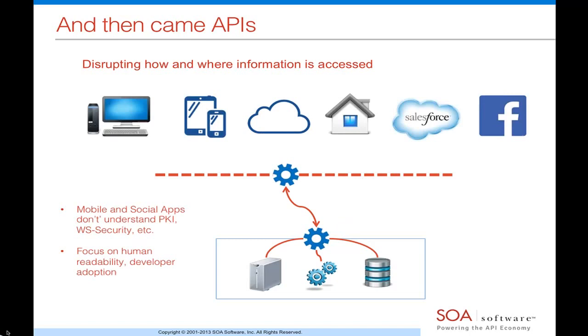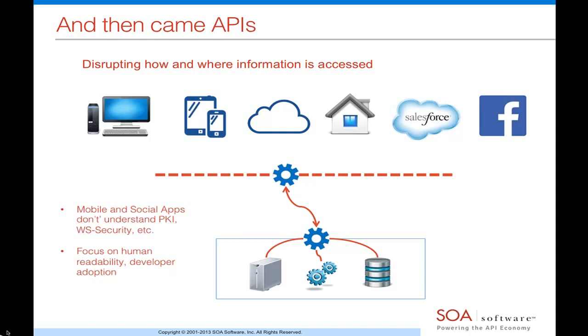But then came the APIs somewhere around mid 2005, and they disrupted how and where the information was being accessed, which is essentially all the different channels that I just talked about. And to make your products and services available across all these channels, it was important that you made adoption really easy, because most companies don't have the resources to surface their applications in all these channels.